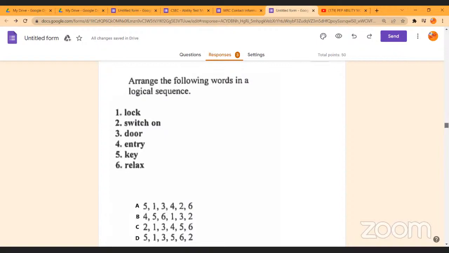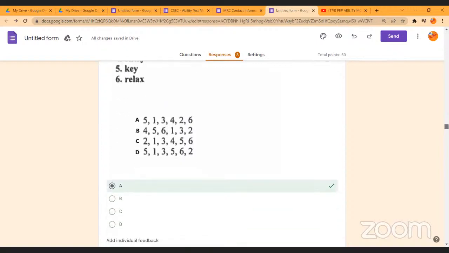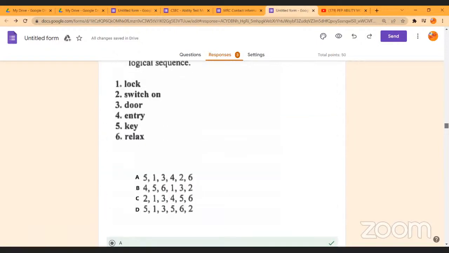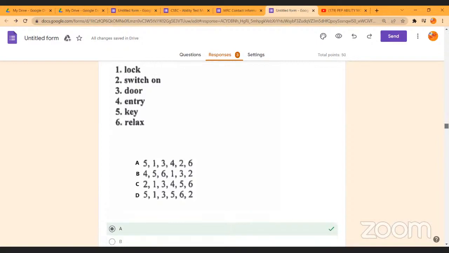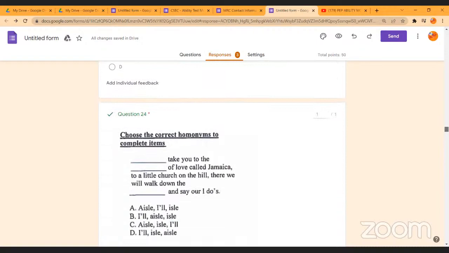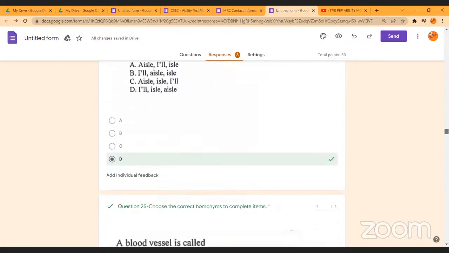Key. 6. Relax. And you got it. Answer is A. Well done. So in the logical sequence, it would be the key, then the lock, then the door, then the entry, then switch on, and then 6, relax. The process. All right, you got 24 as well.